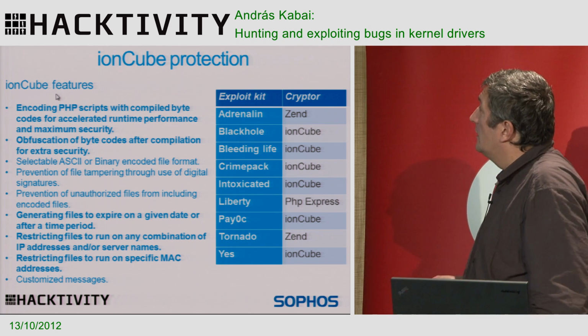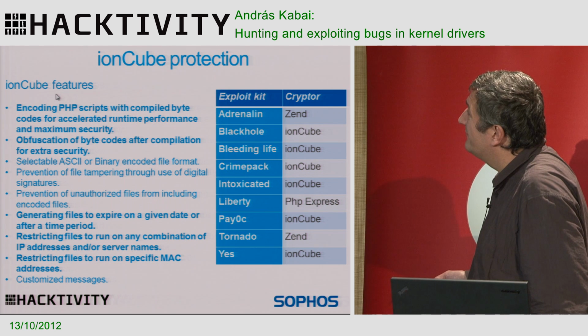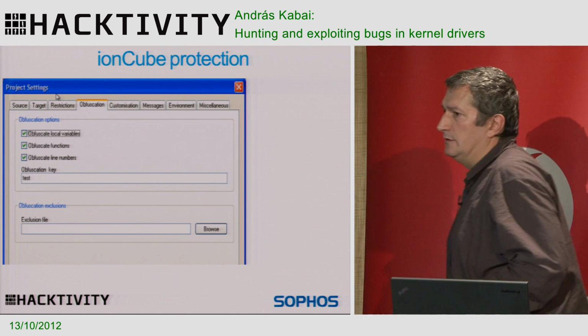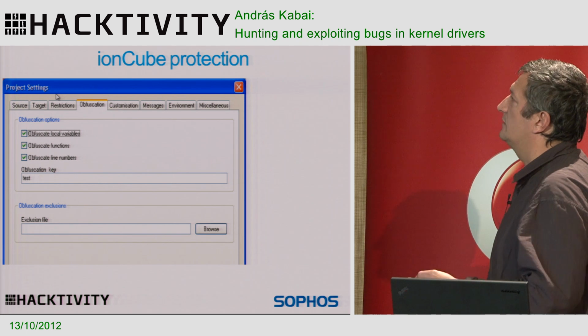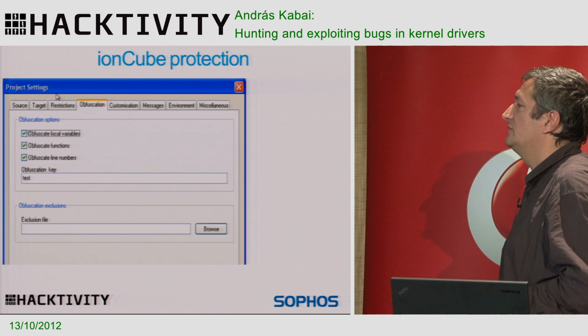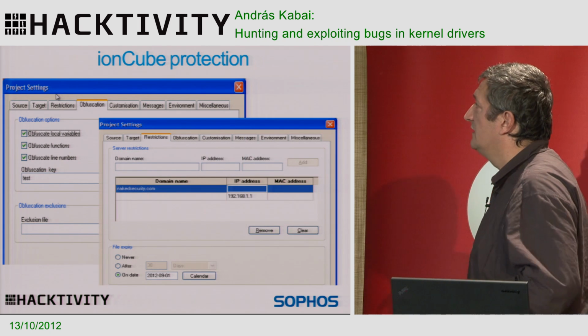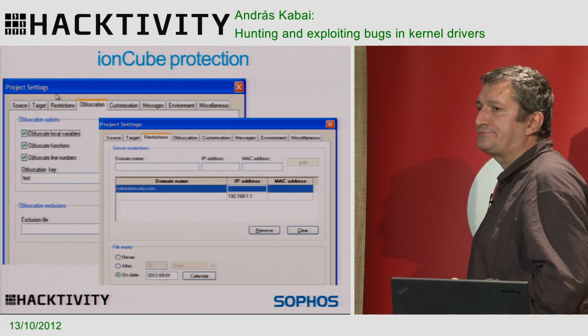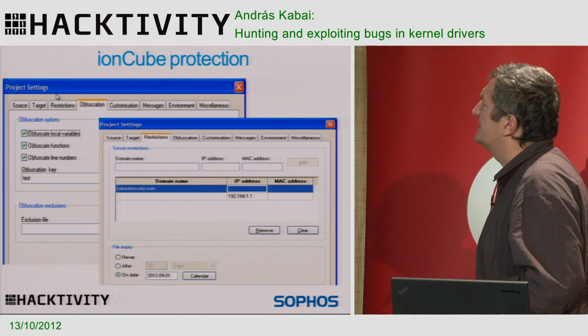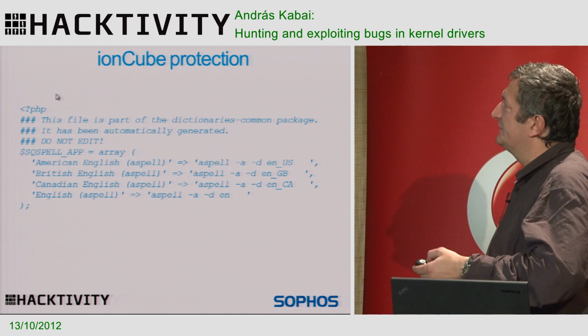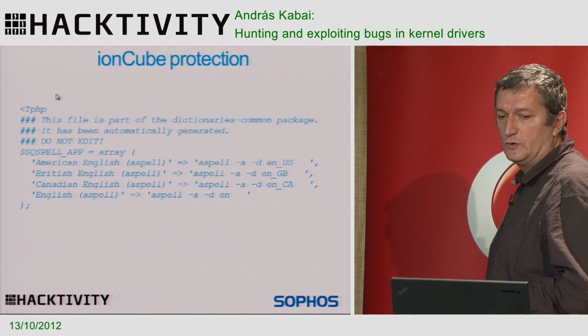Now, the ionCube protection gives you the opportunity to obfuscate local variables, line numbers, and, which is the most devastating for reverse engineering, to obfuscate the function names. It also, as I said, can give you restrictions on domain names and IP addresses. As a simple example, here is this sample code.